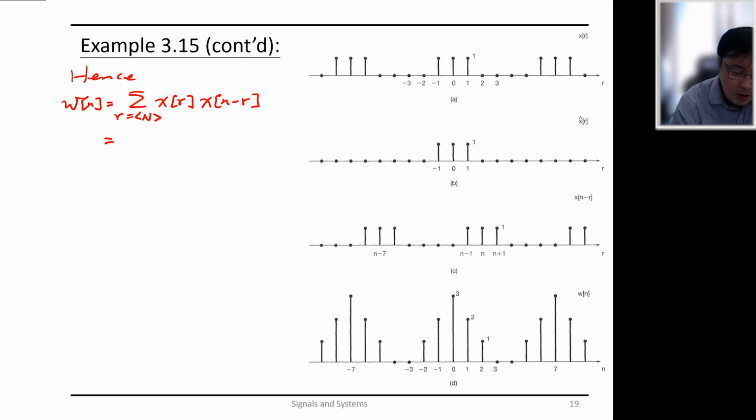Now, in particular, we can limit this summation from -3 to 3. We're taking this summation over 7 consecutive indices of xr, x of n minus r.